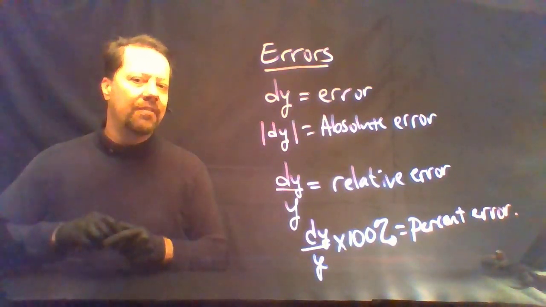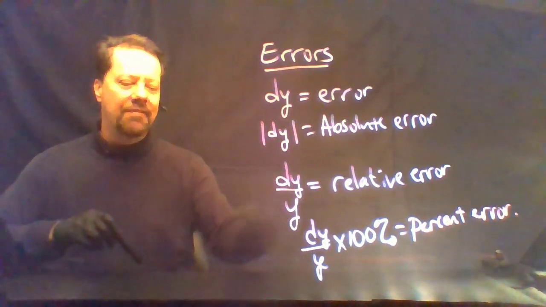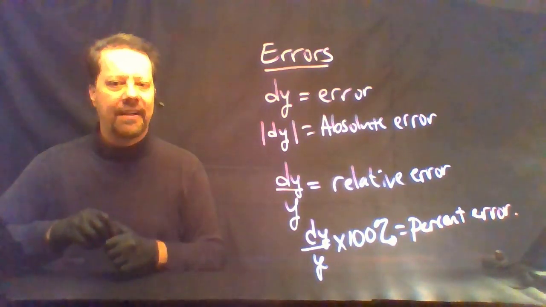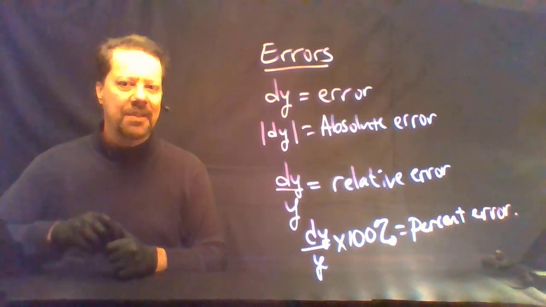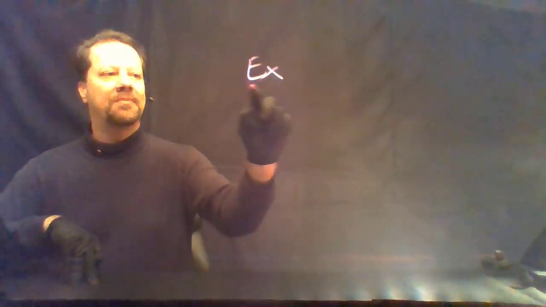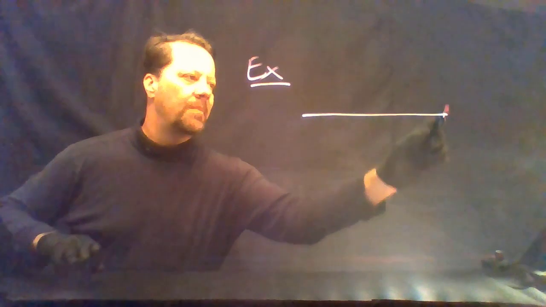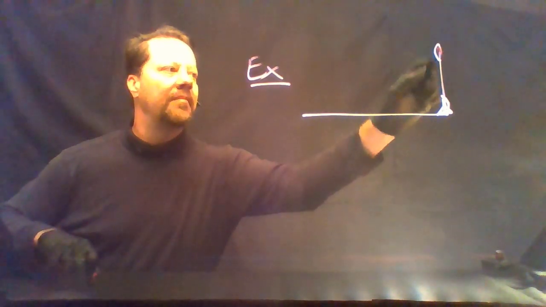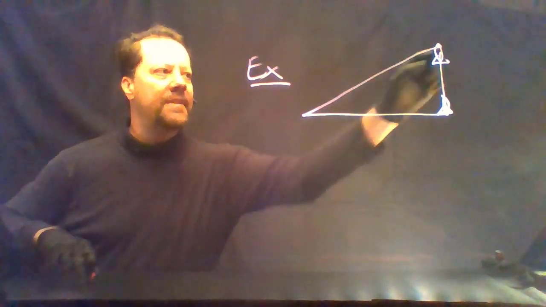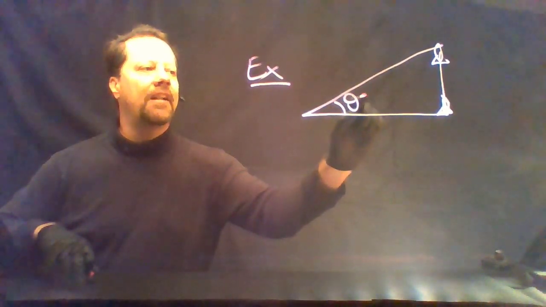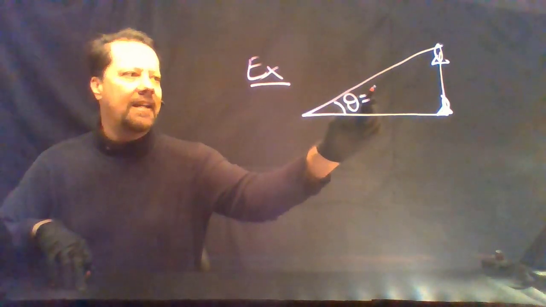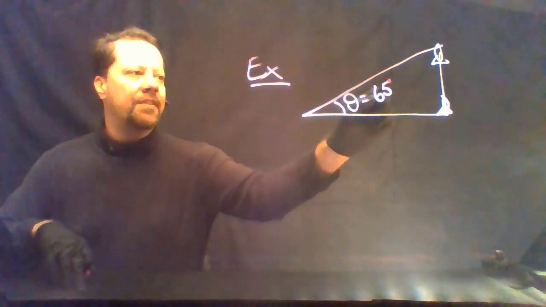Then there are absolute versions of these. If I put the absolute value sign around each of these, I get the absolute relative error and the absolute percent error. Let me give you an example that I really like. Let's suppose that you have a little model rocket and it goes up, and from some distance you measure the angle of elevation when the rocket reaches apogee, its highest point above the surface of the Earth.